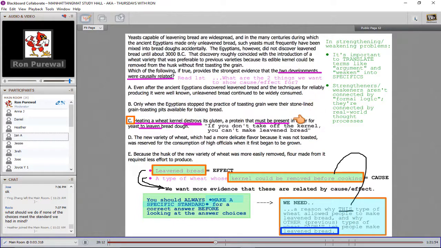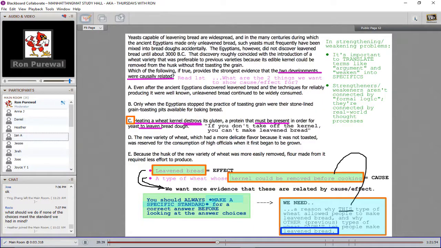As far as time goes, honestly, you should be spending at least 75% of your time before you even look at the choices. Looking at the choices should be at most 25% of your time, and maybe even less, because you should have a standard. And checking the choices to see whether they meet that standard should not take that long.